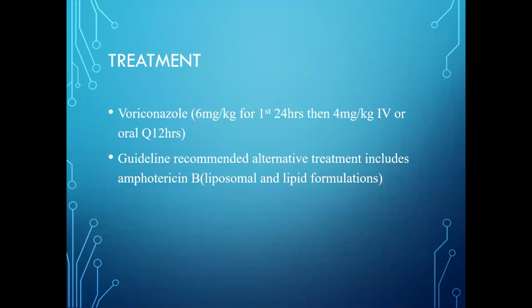Treatment is voriconazole 6 mg per kg for the first 24 hours, then 4 mg per kg IV or oral, BID. Guidelines recommend alternative treatment including amphotericin B, liposomal and lipid formulations.